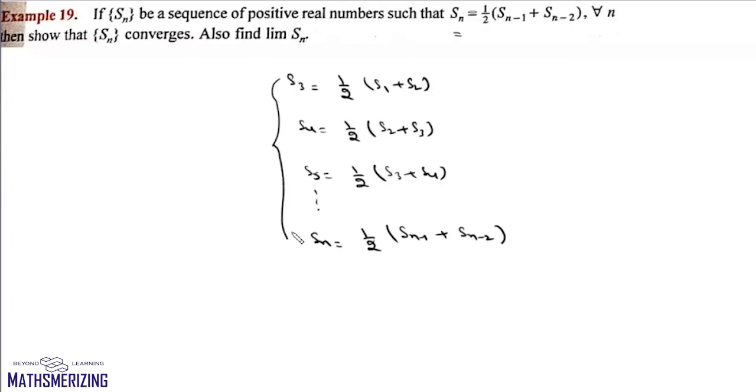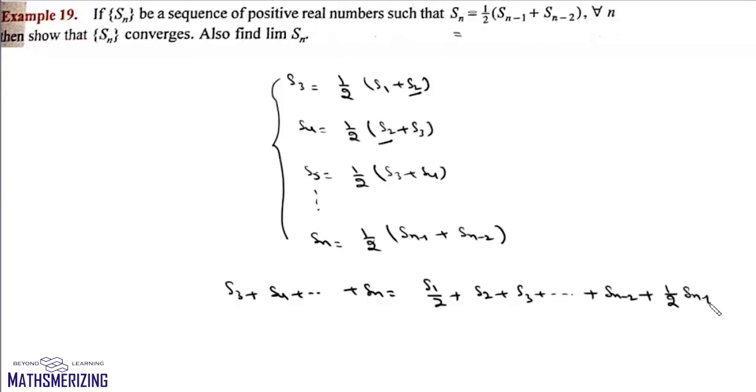If we add them all up, on the left hand side we'll get S3 plus S4 up to Sn. On the right, S1 by 2 plus S2 by 2 plus S2 by 2 will be simply S2, and in the same way S3 plus up to Sn minus 2, plus 1 by 2 Sn minus 1. Now here S3, S4, all these terms will cancel.